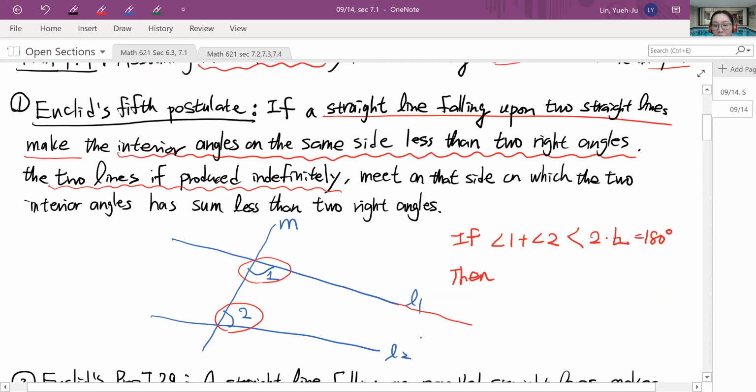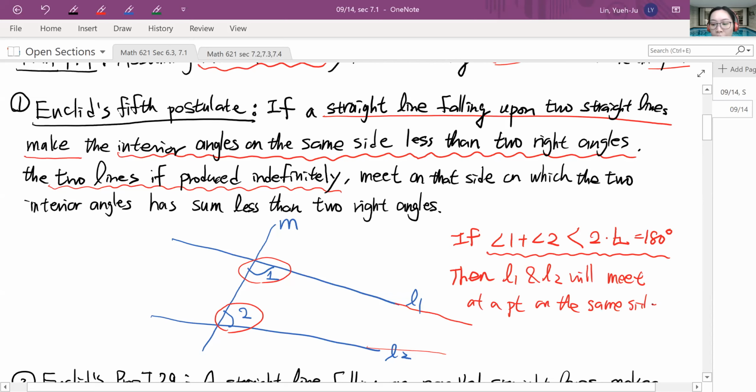So you can see that if you extend L1 and L2 indefinitely, then at some point they're going to intersect each other. If you want to draw a picture to remember what this fifth postulate is talking about, it essentially says if the sum of this interior angle is less than 180, then L1 and L2 will meet at a point on the same side as these 2 angles.